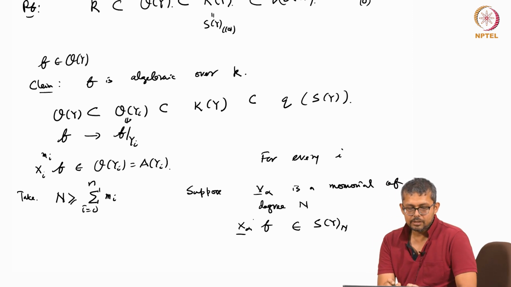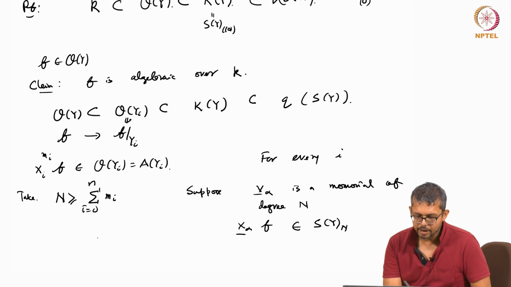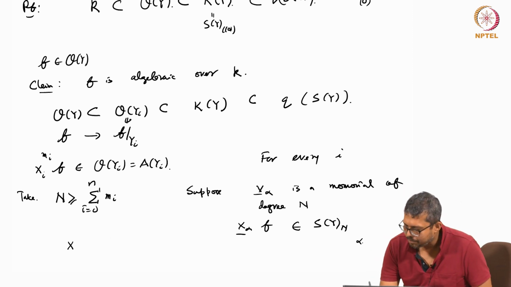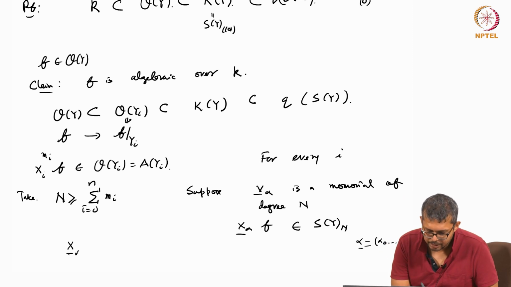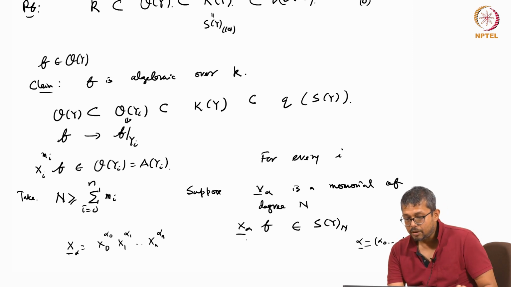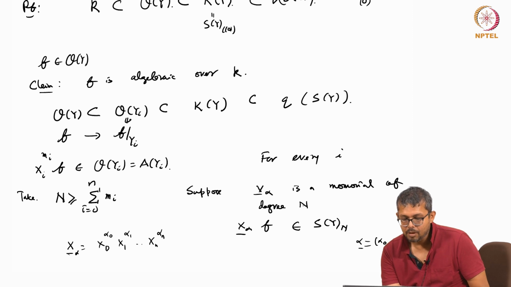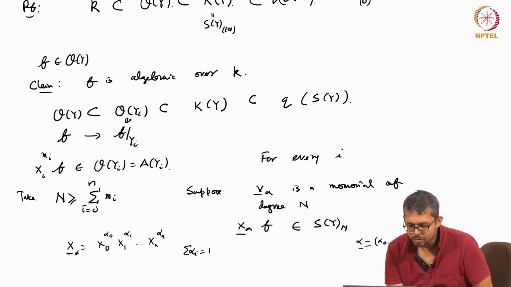Is this clear? Because if you take a monomial of degree n, then any x^alpha, where alpha is some indices alpha_0, ..., alpha_n, is nothing but x_0^{alpha_0} x_1^{alpha_1} ... x_n^{alpha_n}. Now x^alpha is a monomial of degree n, so that means the summation of alpha_i is equal to n.